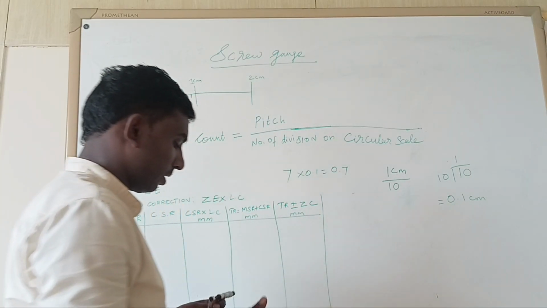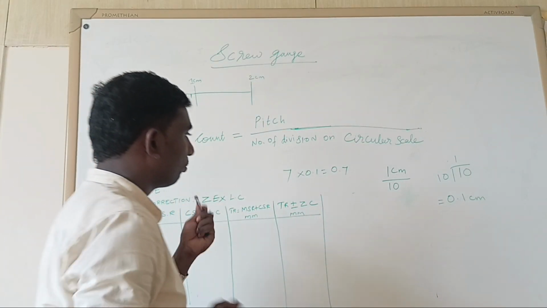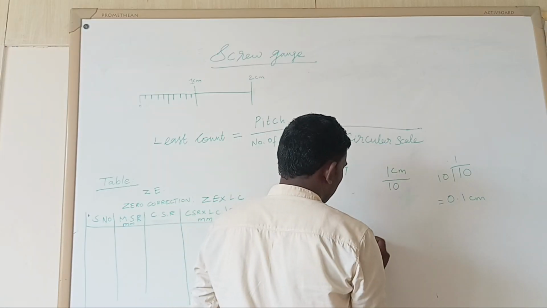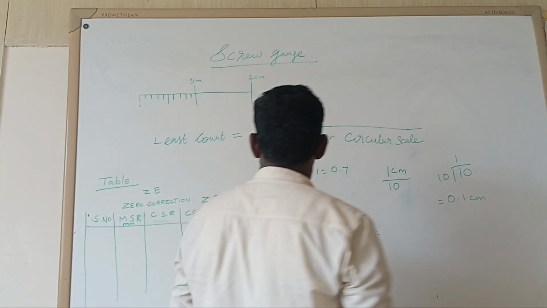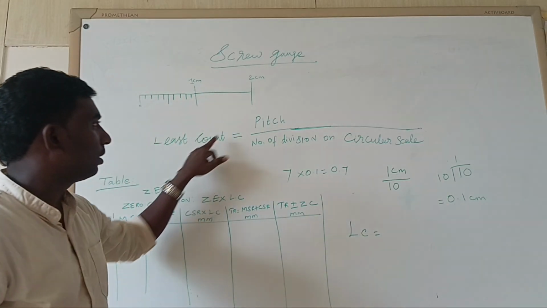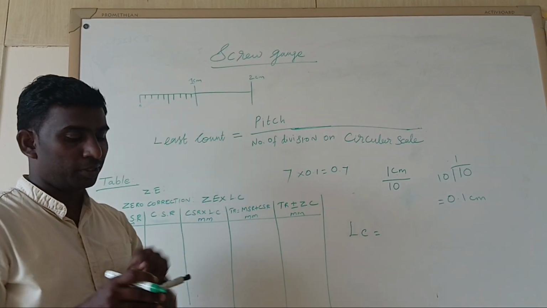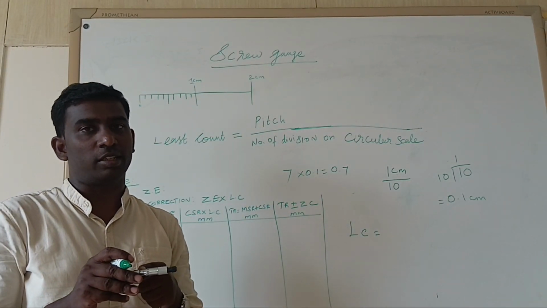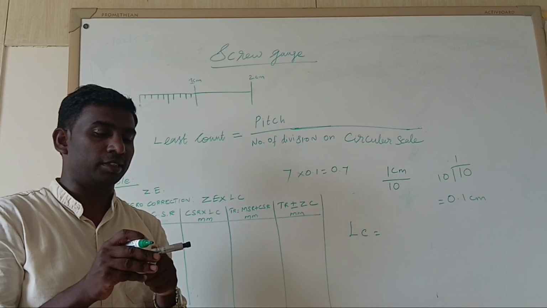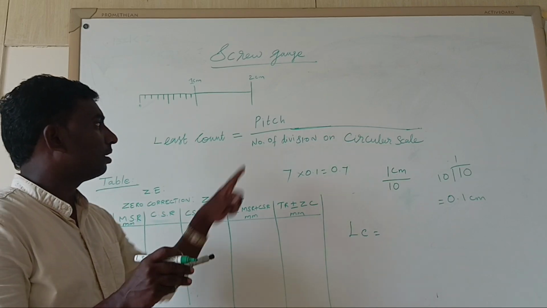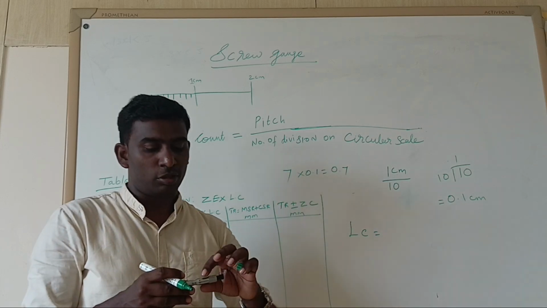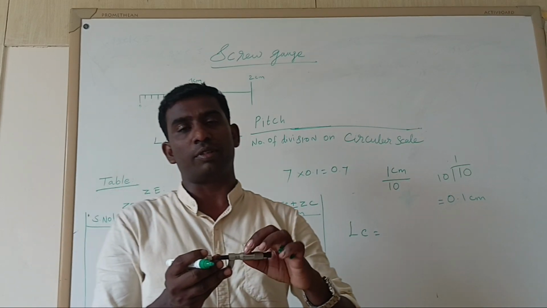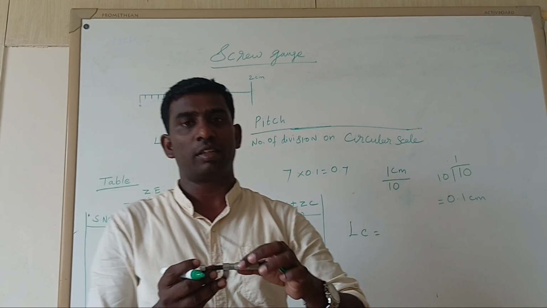In a similar way, if you want to find the least count, the least count equals the pitch scale reading divided by the number of divisions on the circular scale. The pitch scale is the main scale. How many divisions are there in total? 100.